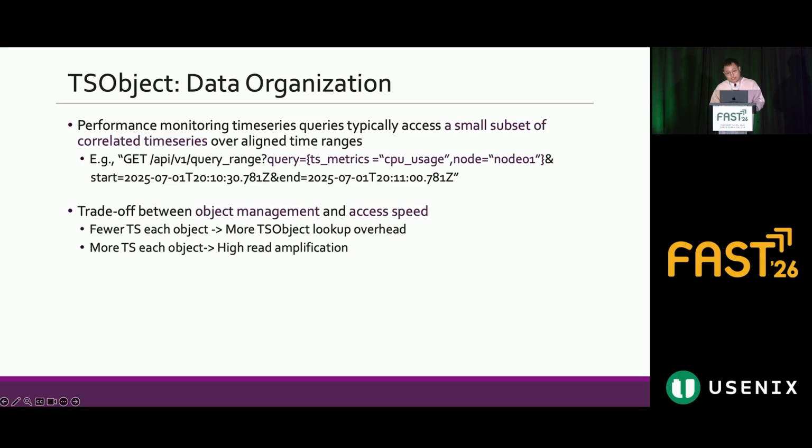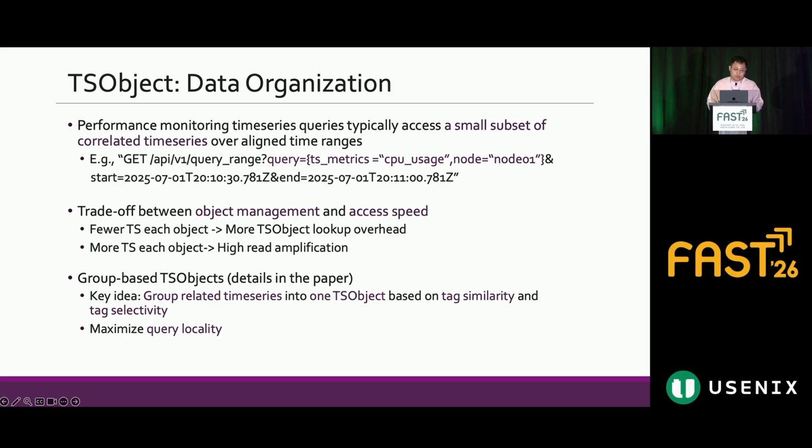And also we found that there are trade-offs between the object management and the access speed, because you may imagine that with fewer time series in each object, we may need more time series object lookups, and on the other hand, with more time series in each object, they may also introduce high redundancy.